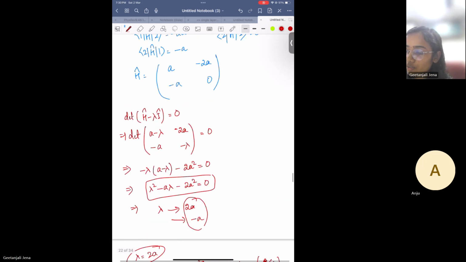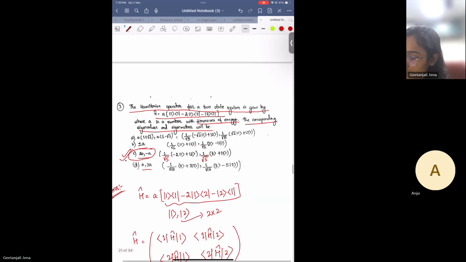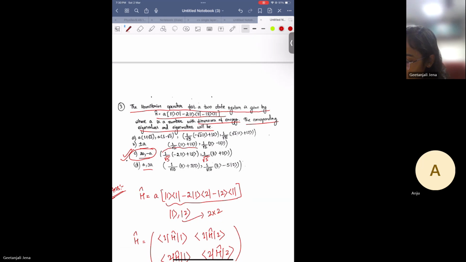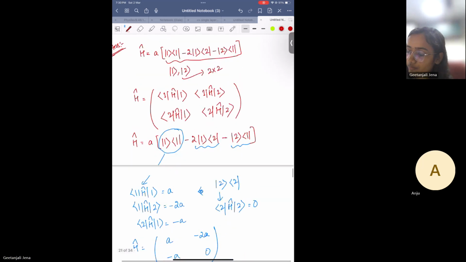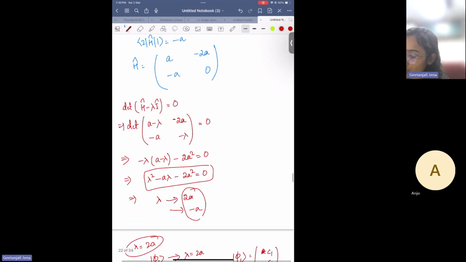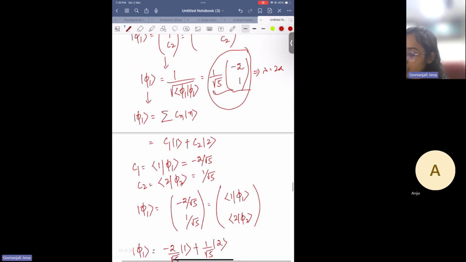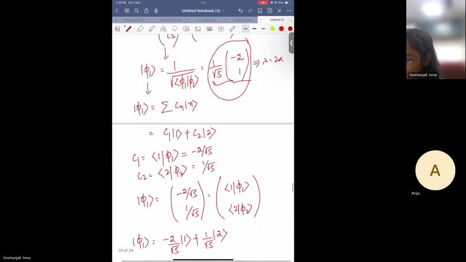Okay. So if you see, we have calculated this one. For lambda equal to minus a, you can follow the same process and you will get the eigenvector, which is nothing but 1 by root of 5, 1 plus 2. So this is how you have to proceed for eigenvalue and eigenvector.